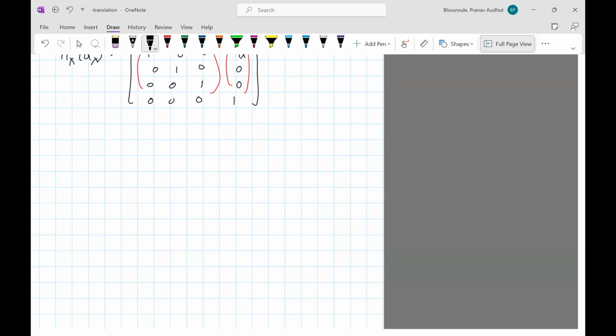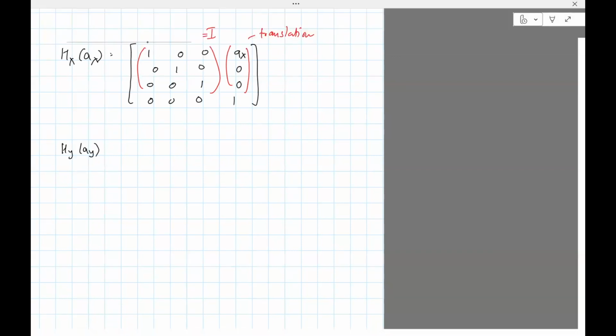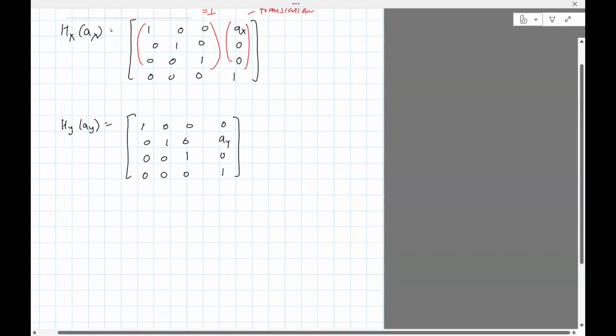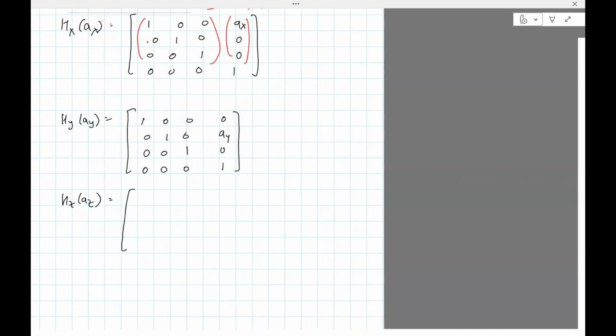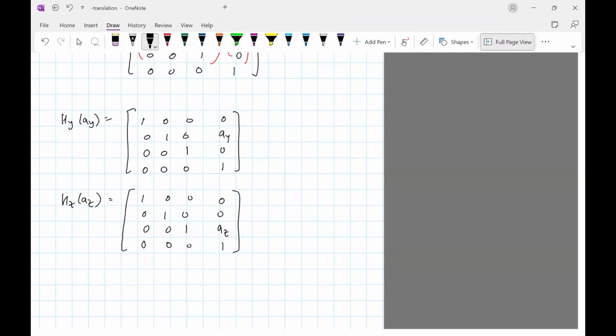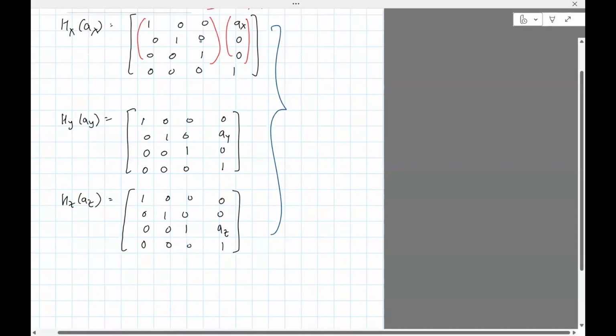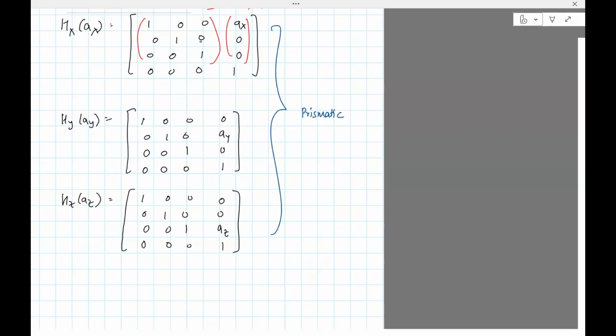And then we can do the same thing for the other three. This is prismatic joint motion.